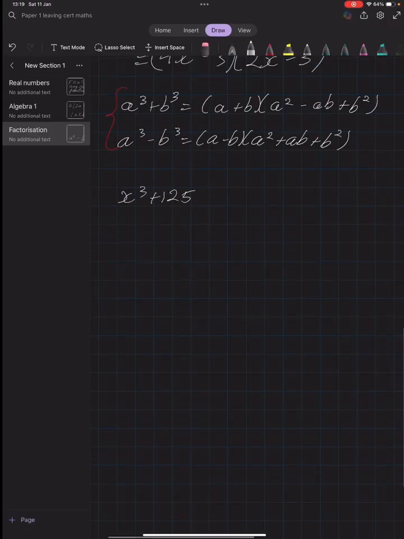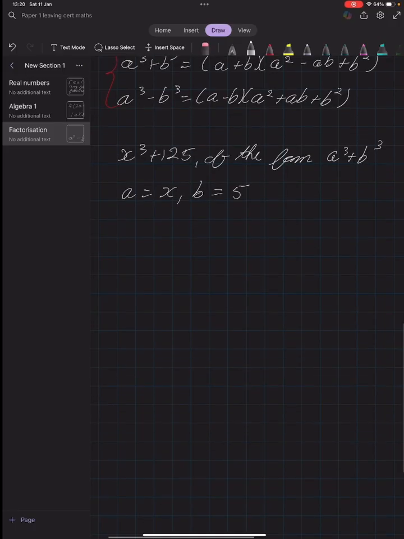Okay, so now you could be asked to factorize something like x cubed plus 125. This is obviously of the form a cubed plus b cubed, where a equals x and b equals 5. So if I plug x in, I get x cubed, and if I plug 5 in for b, I get 5 cubed. 5 times 5 times 5, so 5 times 5 is 25, 25 times 5 is 125.